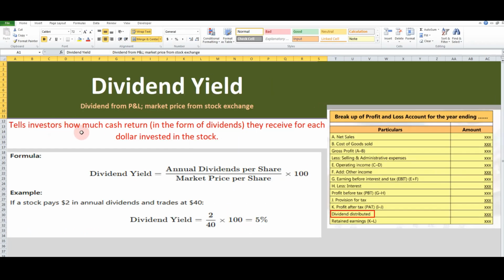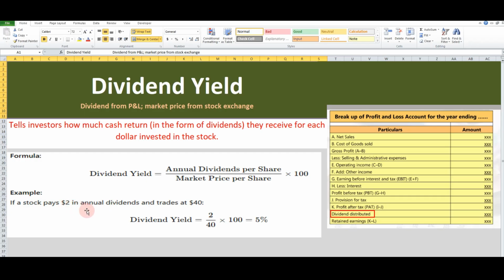Dividend yield. Dividend yield tells investors how much cash return in the form of dividends they receive for each dollar invested in the stock. Now, how do we calculate this? Annual dividend per share we can take from the P&L, and the market price per share we can take from the stock exchange, multiplied by 100.